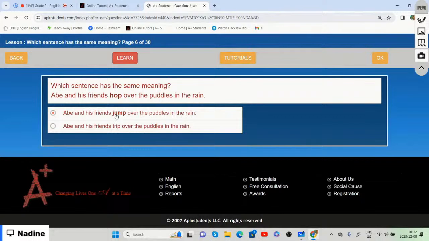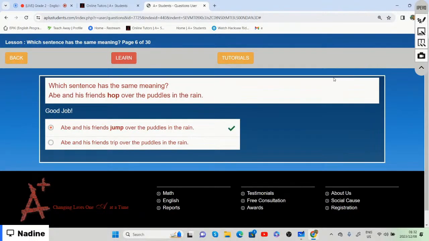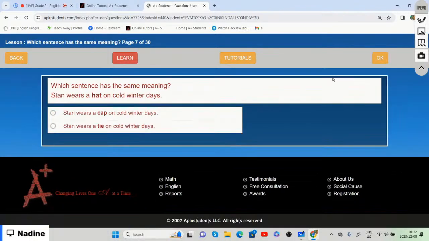So we can say hop or we can say jump, right? Because hopping and jumping is similar. Yes, so jump is correct. Well done. Congrats. Jump is the same.